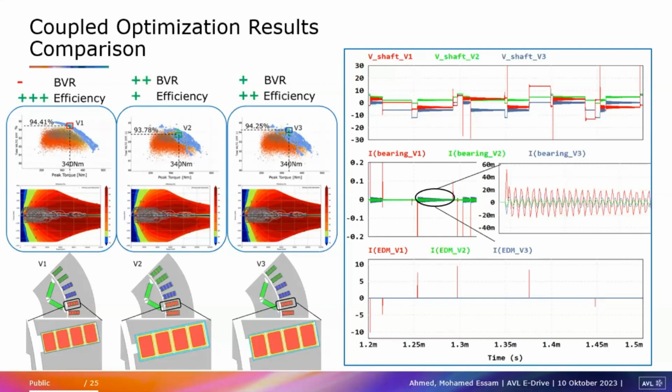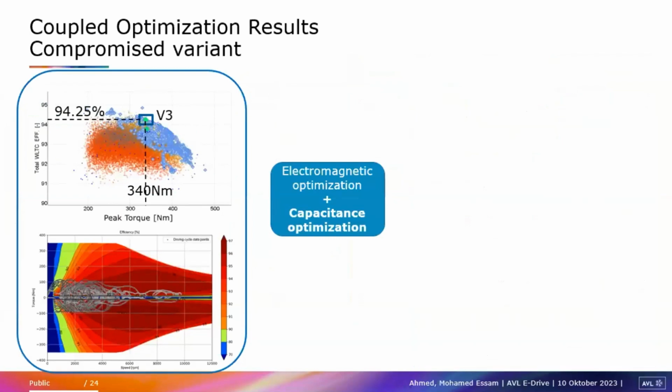One last question, yes? Thank you again for this presentation. So the objective function is to minimize the bearing current. That's correct. The BVR, the bearing voltage ratio.